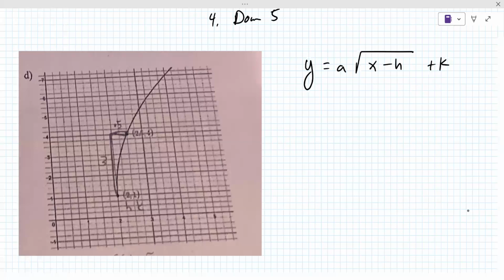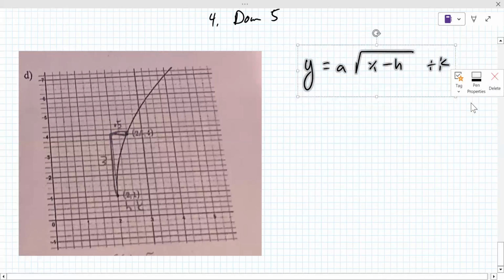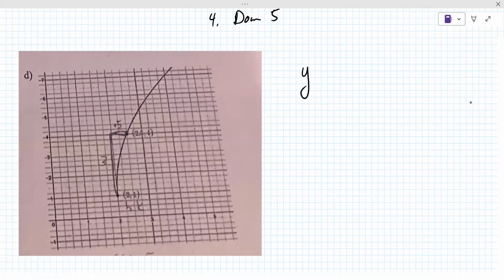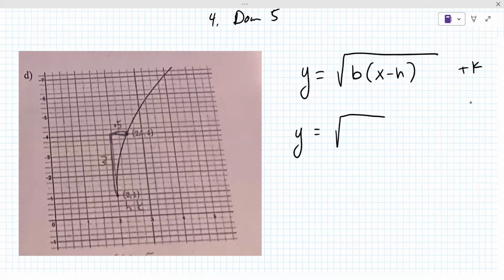It's y equals square root, and this is, we'll call it b this time. There is an a, but let's call it b, x minus h plus k. So it's like you said, the square root of x minus 2 plus 1. And then we're going to use that other point now, and you'll see that it works out a little nicer.